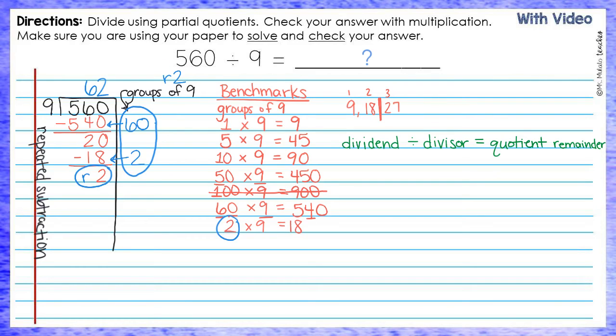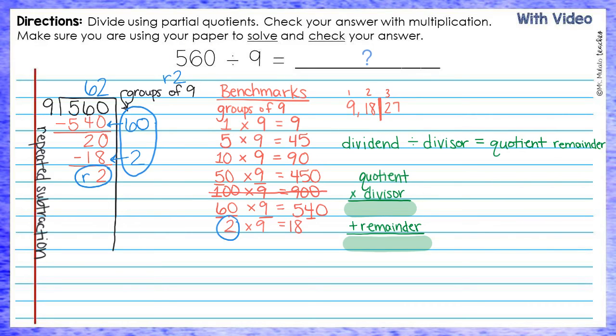So when we check our work, we take our answer that we got, the quotient, and we multiply that by the number that we divided by. Quotient times divisor, and then we get an answer. If we have no remainder, this is our quotient. If we do have a remainder, we need to add it to the product that we got when we multiplied the quotient times the divisor. When we add our remainder, we should get the dividend that we started with.